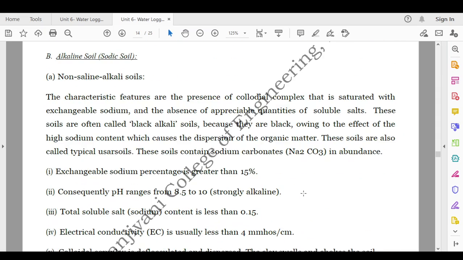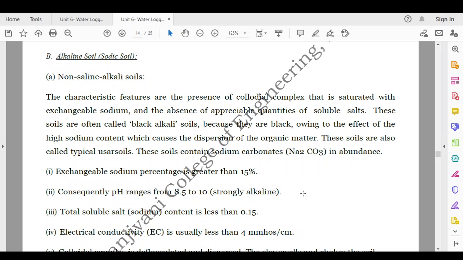Then alkaline soils or sodic soils. First is the non-saline alkali soils. The characteristic features are the presence of a colloidal complex that is saturated with exchangeable sodium and the absence of appreciable quantities of soluble salts. Soluble salts are not present in much quantity in these types of soils.